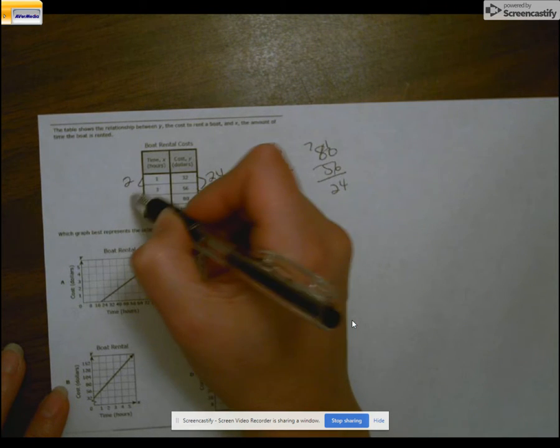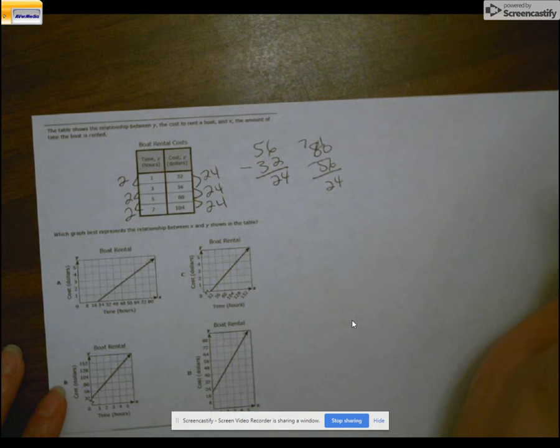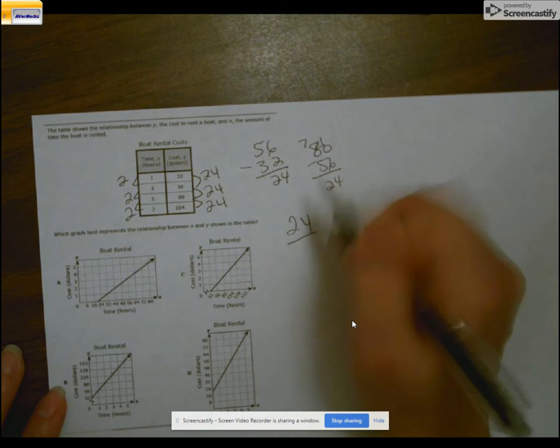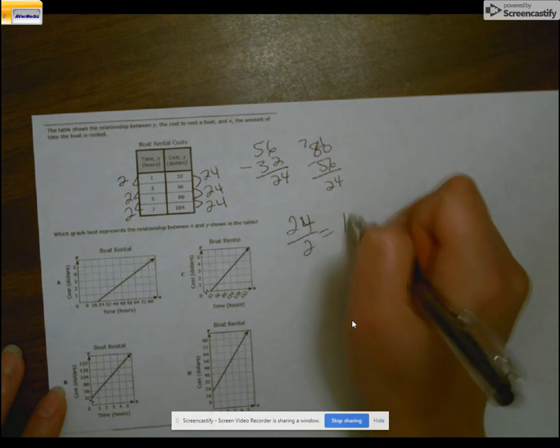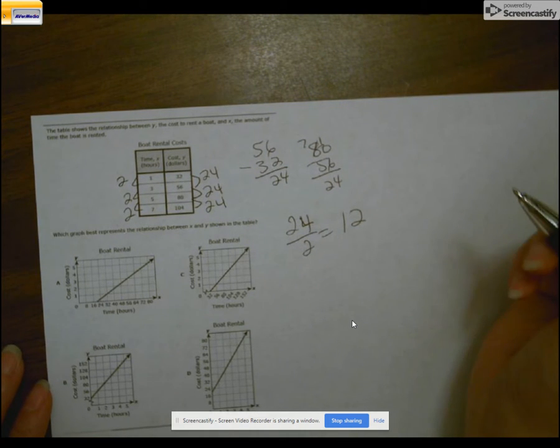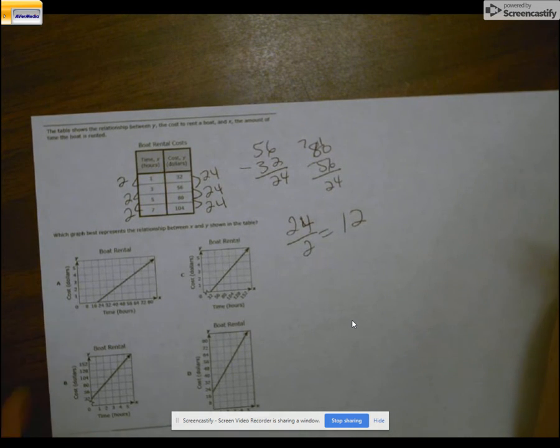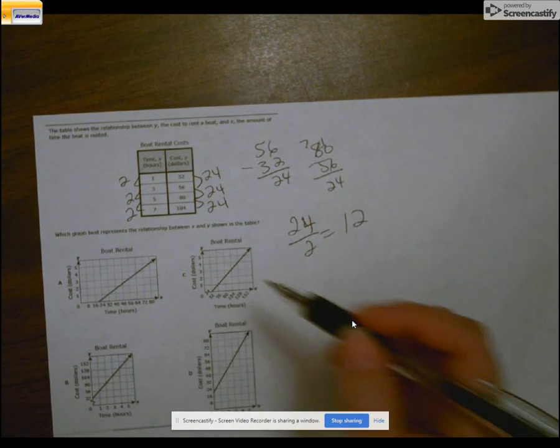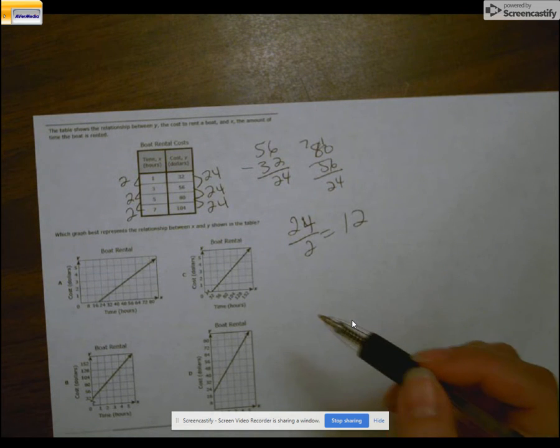Over here goes up by 2, 2, and 2. Again, I'm going to do change in y over change in x, and I get 12. So it looks like $12 per hour. So I'm going to look and see which one has that.